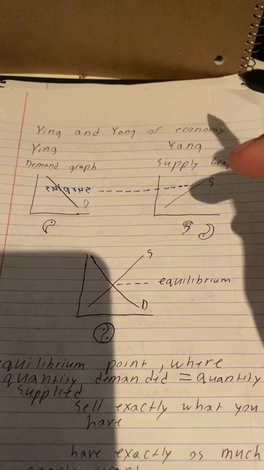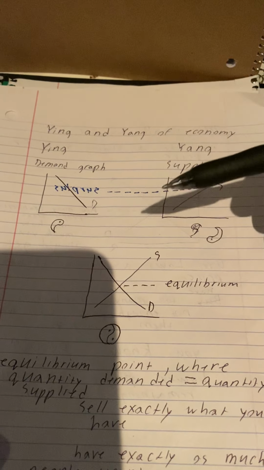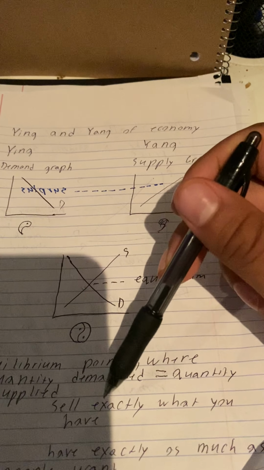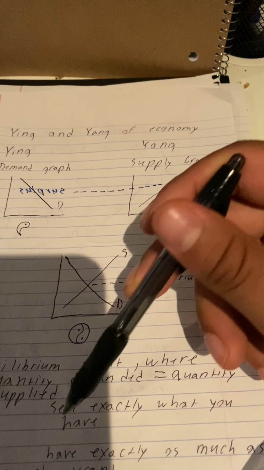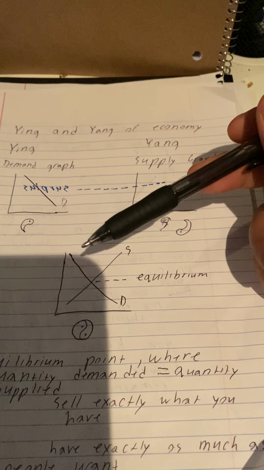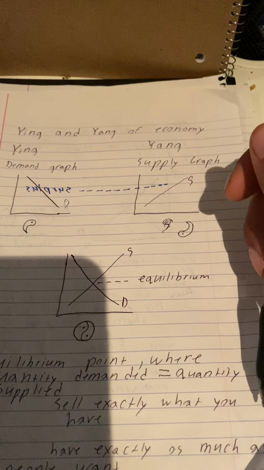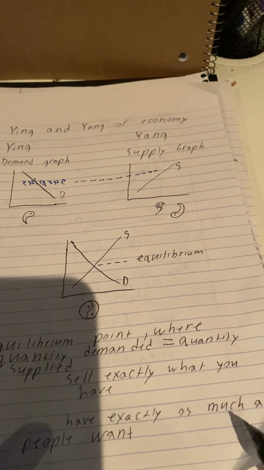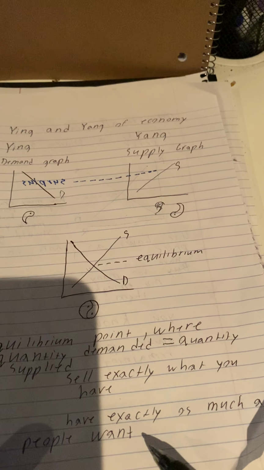What does that mean, though? It basically means you're supplying as much as people demand. So you're selling exactly what you have. Or, in other words, you have exactly as much as people want.